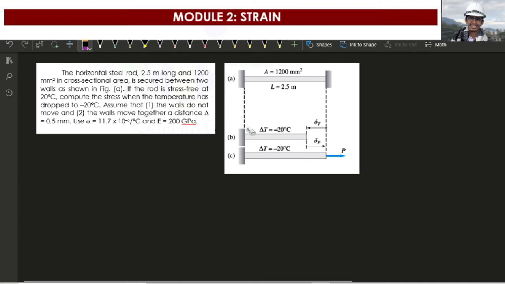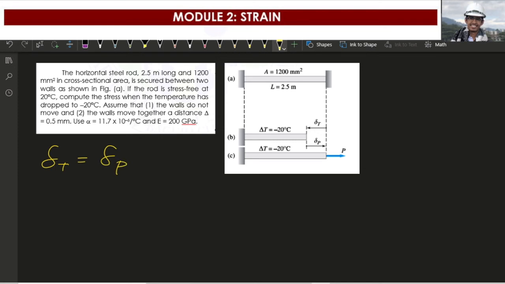Okay? So para maging mabalik siya, yung hindi siya mag-move yung ating walls, kailangan din natin ng force P. Okay? So sabi natin for compatibility principle, for the structure to be compatible, yung elongation due to temperature will be equal to the elongation due to the force P. Tama?